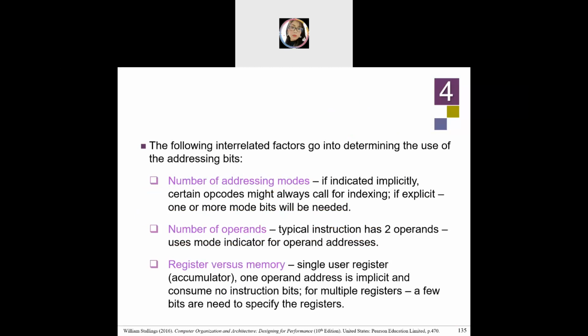So the following interaction factors go to determine the use of addressing bits. Number of your addressing modes. If indicated implicitly, certain opcodes might always call for indexing. If it is explicit, so there are two things.